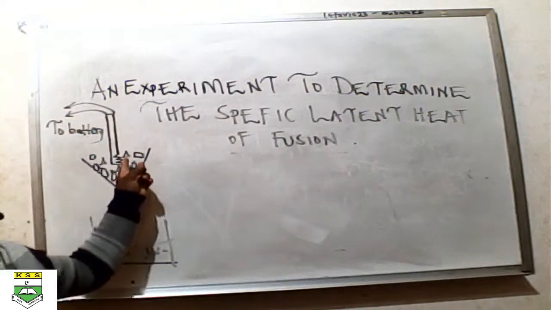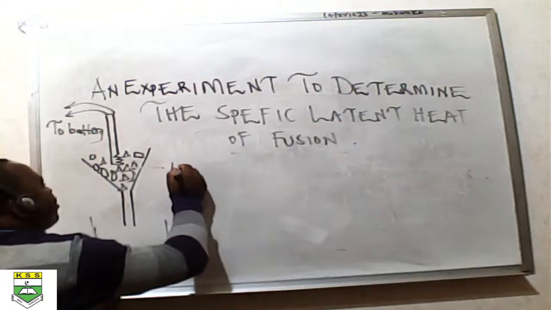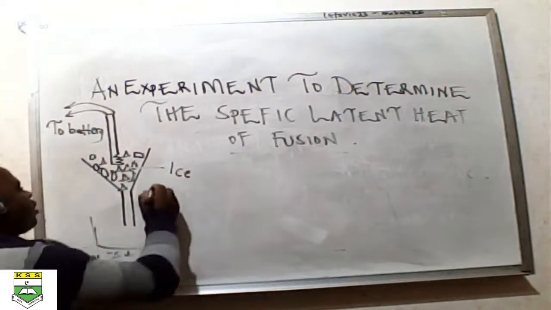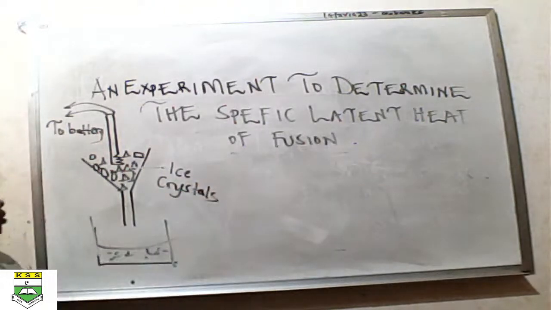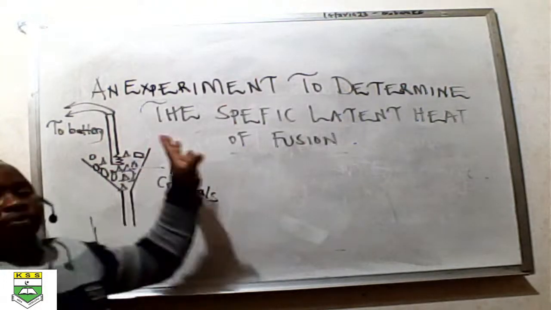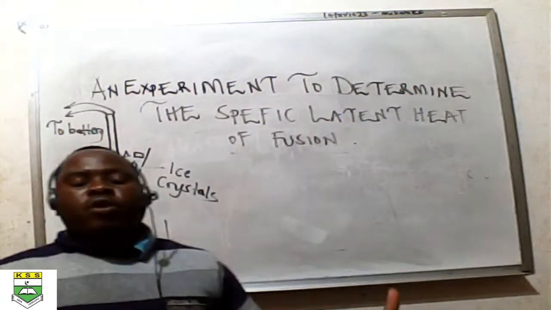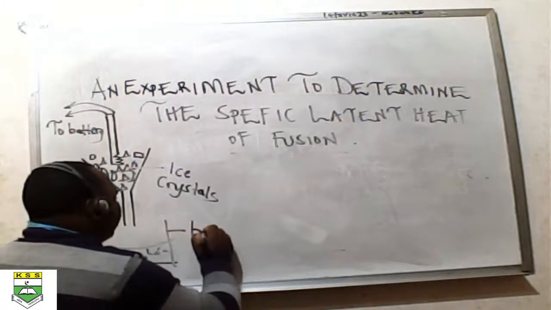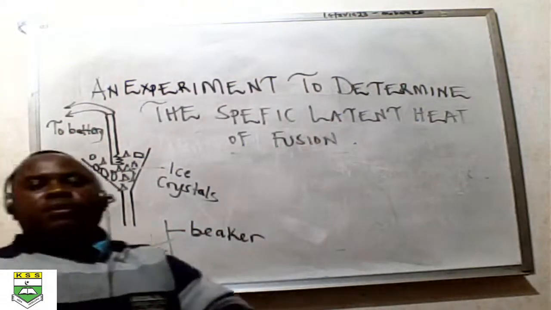We get an immersion heater and then we insert it into ice. These are ice crystals. But before we do all that, we get an empty beaker of known mass M1, and we place it down here at the bottom.